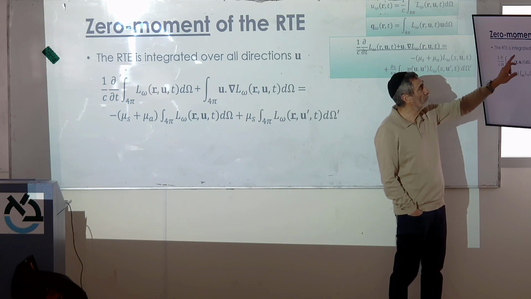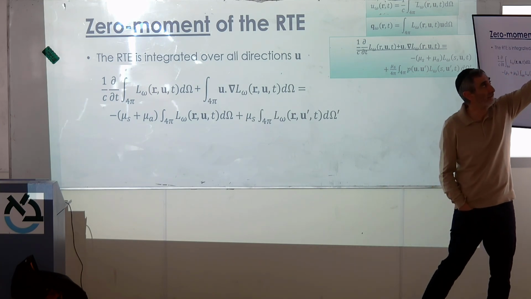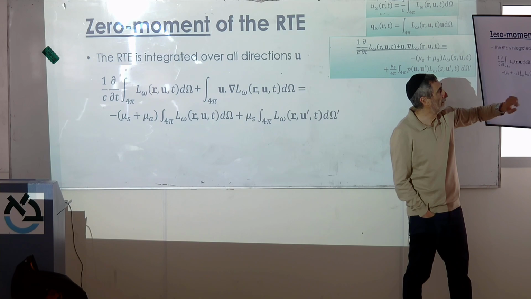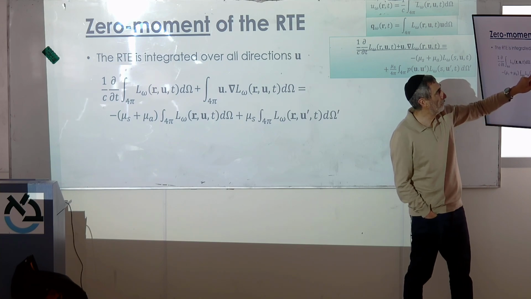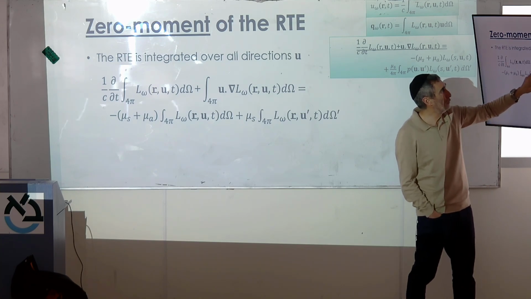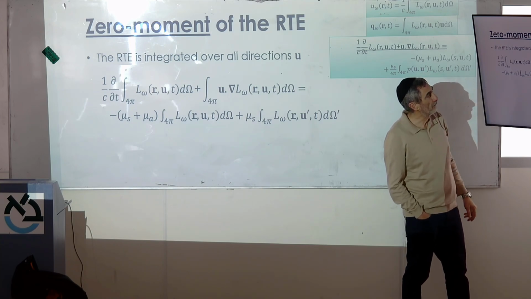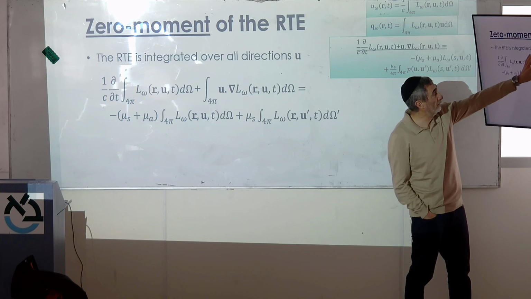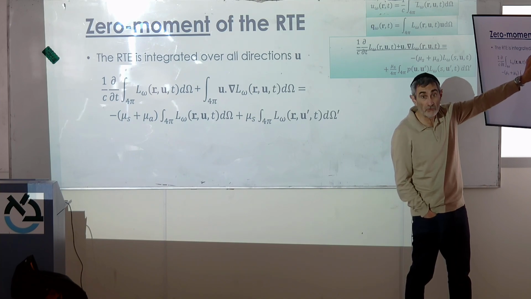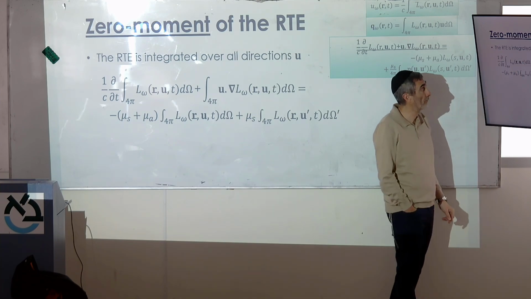So first term, you recognize here the energy density. Second term here, you integrate again over all directions, d omega, u dot gradient of L. Okay, so that's a specific and complicated term that we will have to deal with later.